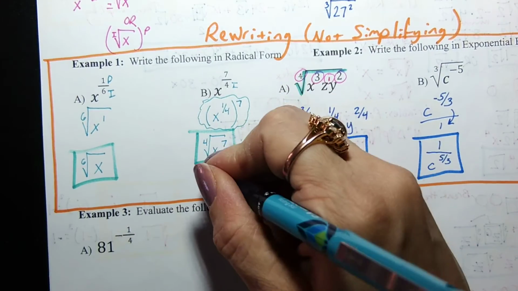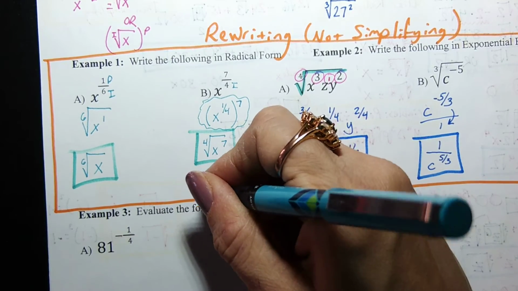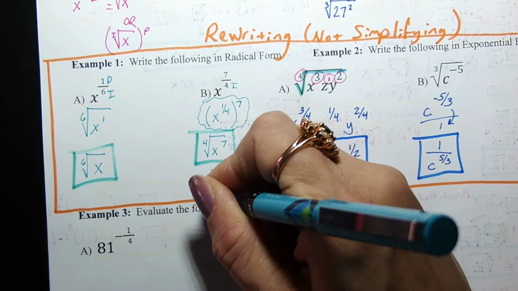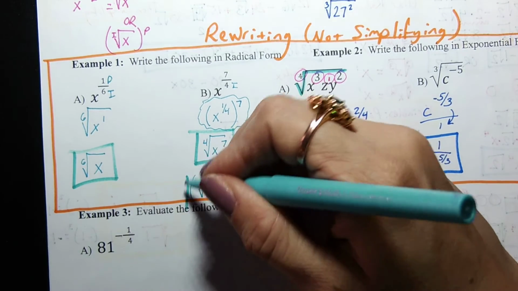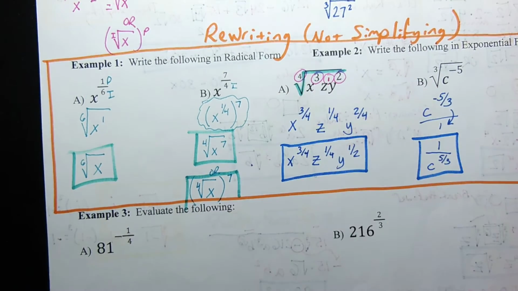Or you could do the 4th root of x raised to the 7th. So those two are the same, and I would accept either on a test. The index is 4, the power is 7.